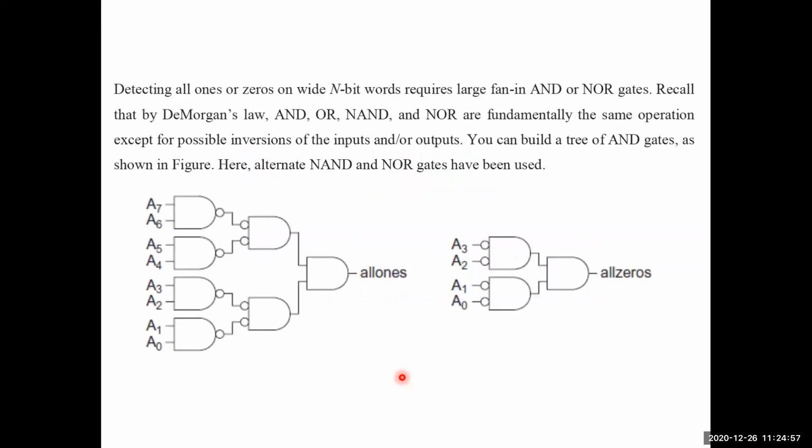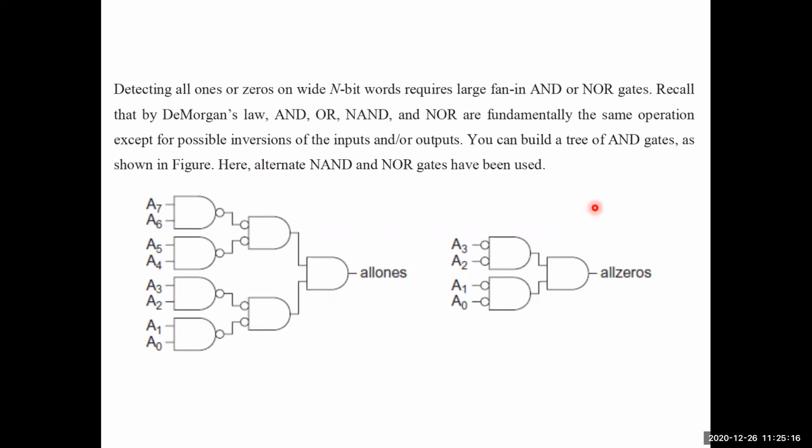So let us see 1 or 0 detectors. Detecting all ones or zeros on a word line of n-bit words requires large fan-in AND gates. You will be using large fan-in AND or NOR gates over here. In my case, we have used NAND gates here.